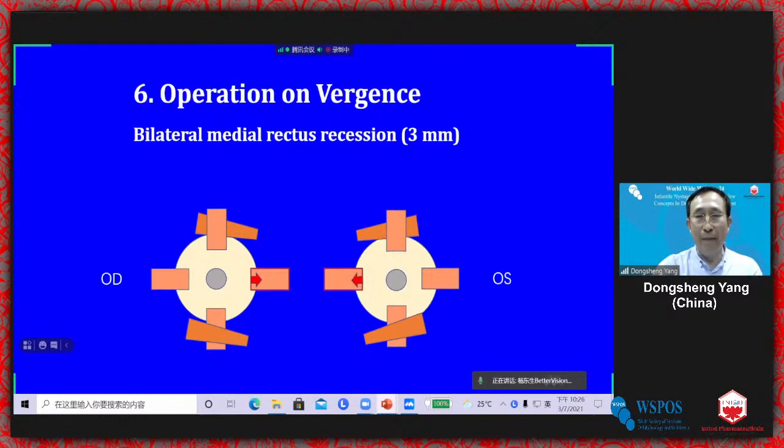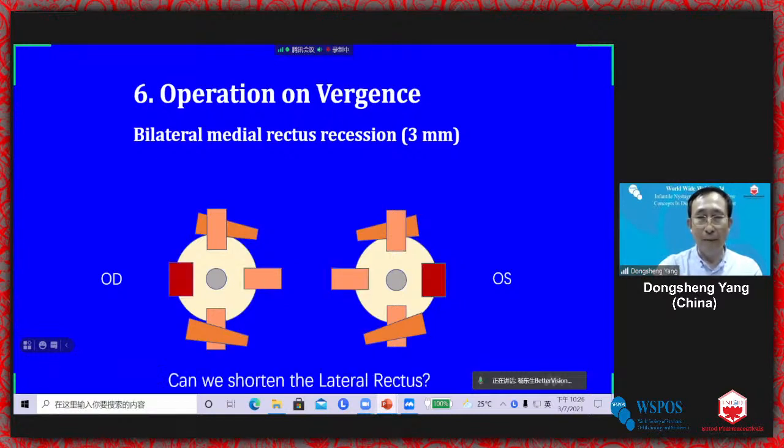Do we choose the patient who already has convergence damping, or do we choose the one who doesn't have the convergence damping, and then create one? Not quite sure how to select. I don't do this surgery a lot. So my question also is, can we shorten the lateral rectus and get the same results as we do with recession of the medial rectus?